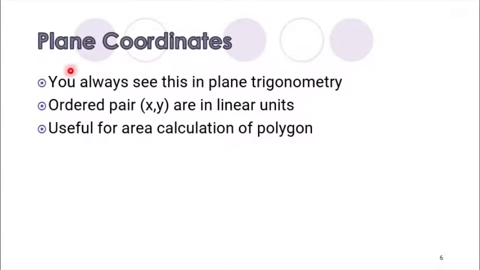You saw this during your plane trigonometry class, wherein points are described in terms of an ordered pair X, Y in linear units. This is very useful in area calculation, or in computing the area of a polygon.